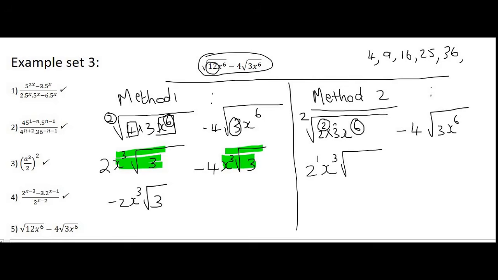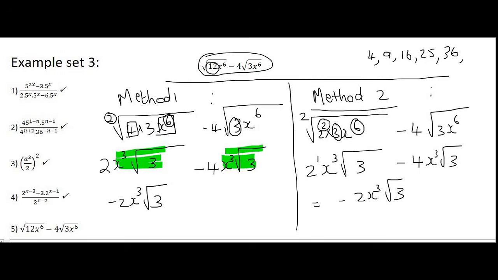And then we don't know what the square root of 3 is, and so we leave it like that. Then, as with the previous method, this x to the 6 is just going to become an x^3, and then we're going to be left with a square root 3. And then we're back at the original steps that we had in the previous question, and so this answer will also equal minus 2x^3 square root 3.